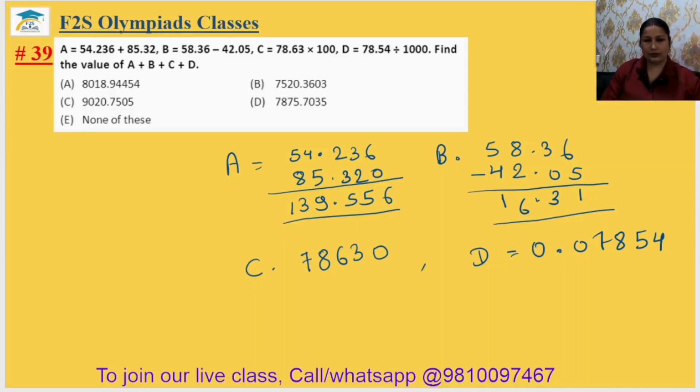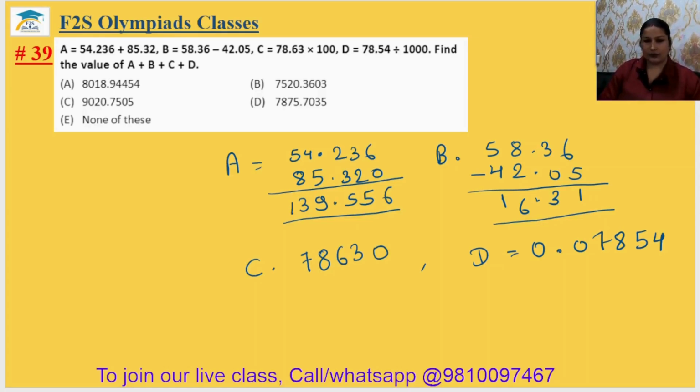So to find the sum, it will be your 78630. First I will write the C, then plus 139.556, and then plus 16.31 plus 0.07854. You will get 78785.944.